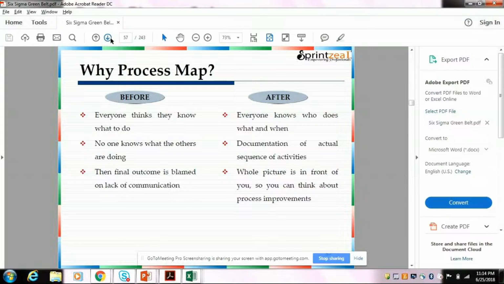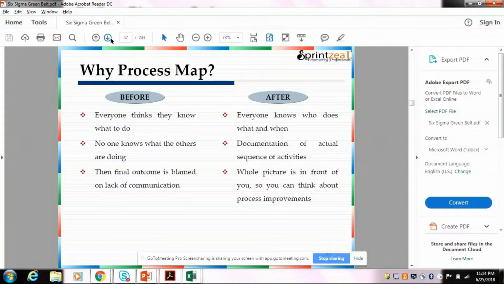Sometimes the entire assignment gets completed when we map the process successfully. It is such a great tool that if you map it effectively and efficiently, you would be able to identify the gaps in the process, and there itself you would be able to improve the process.